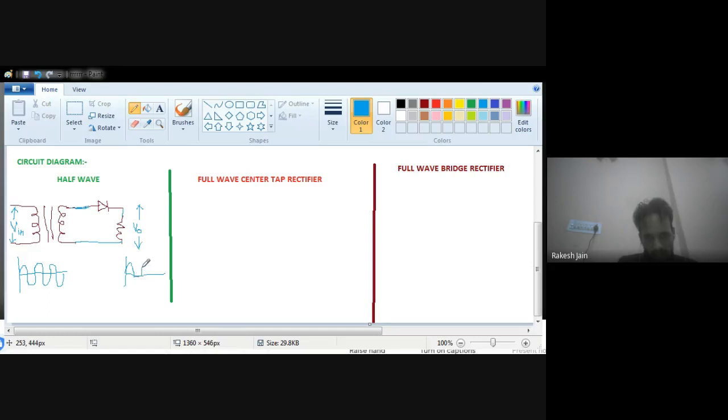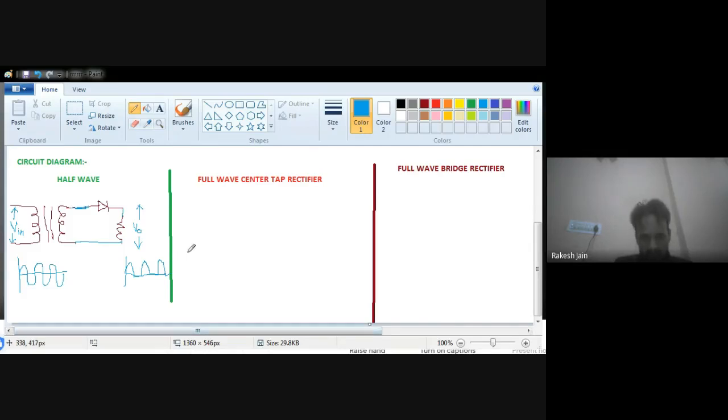The negative half cycle is not found. So at the output of this half wave rectifier, I will find this kind of wave. And where it comes from, I will explain today with the help of the working principle of this half wave rectifier. So I think you understand two things. First of all, how to draw the circuit diagram of a half wave rectifier, and the second thing, what kind of input waveforms and output waveforms I will find from this circuit.